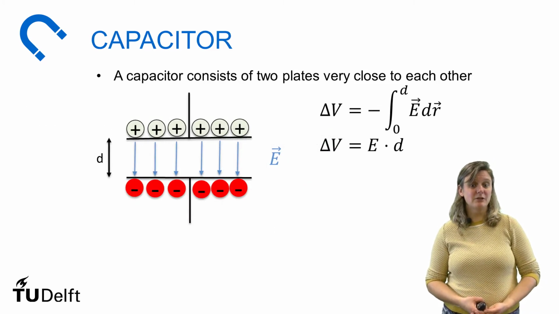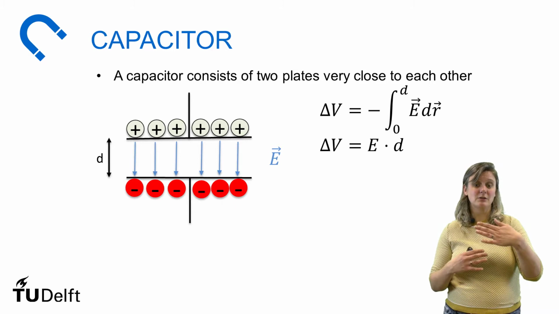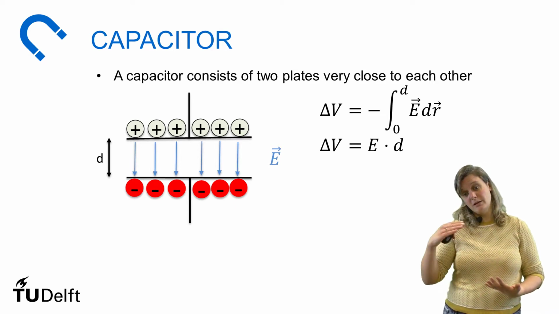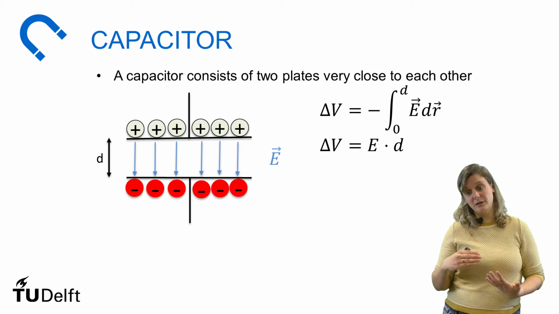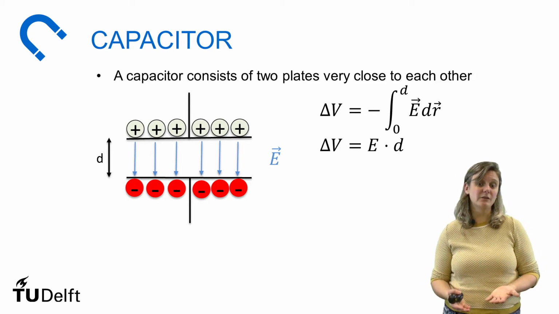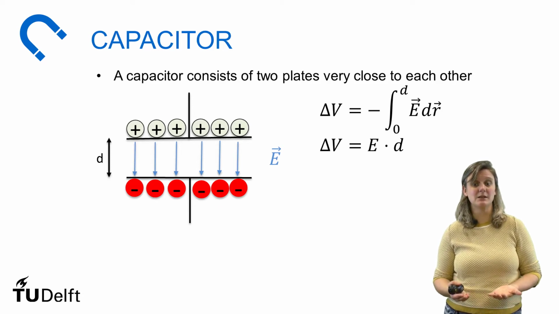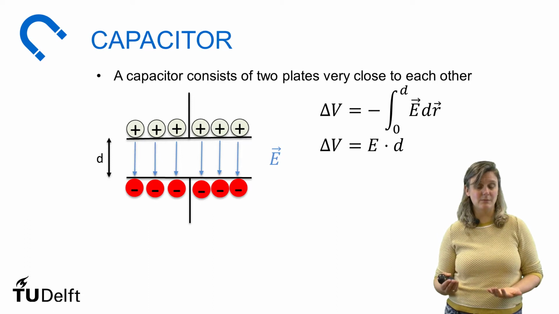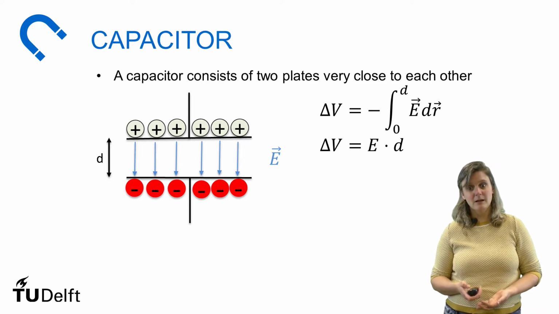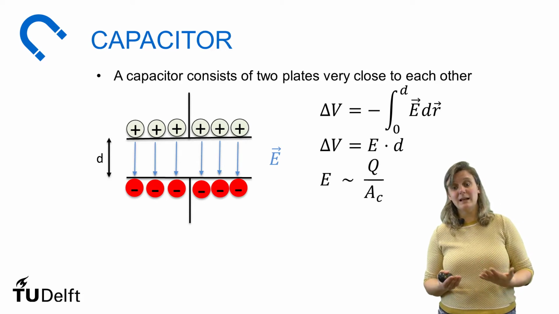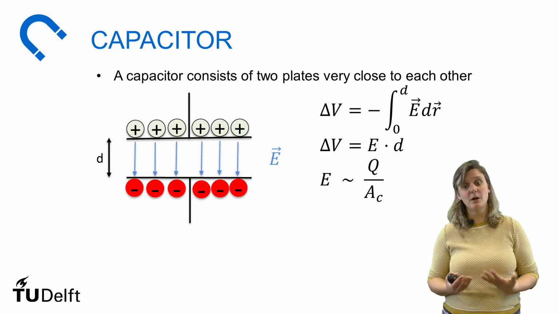Remember that our potential difference, the potential buildup between the two plates, is given as the integral from one distance to the other of the electric field over the distance r, so the integral of E dr. Because this field is constant, we can rewrite this integral as: the potential difference is the electric field times the distance. Now, what we can see from this picture is that the electric field scales with the number of charges you have per area.